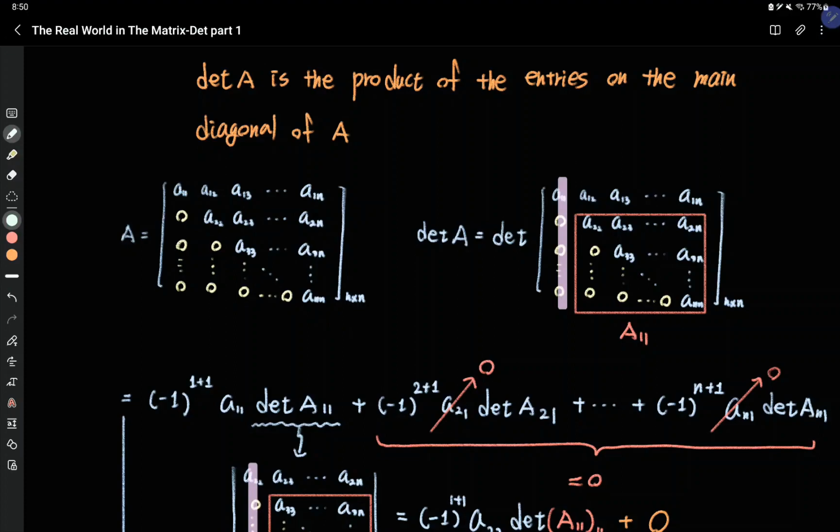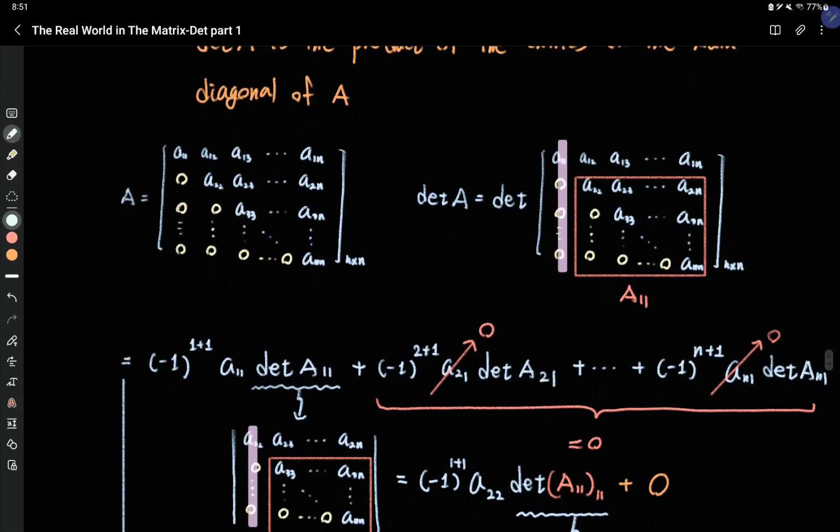Why? Applying the cofactor expansion of matrix A, we have to find the determinant of the submatrices. So I choose the first column, and for each entry I find the determinant of the corresponding submatrix.